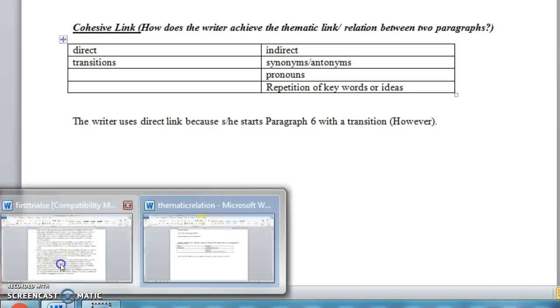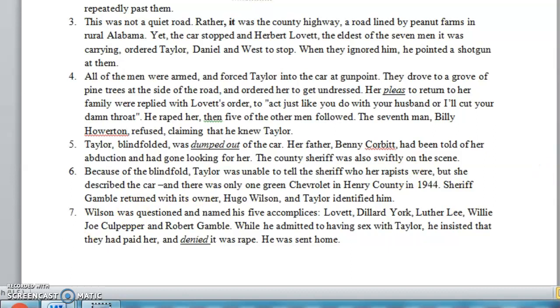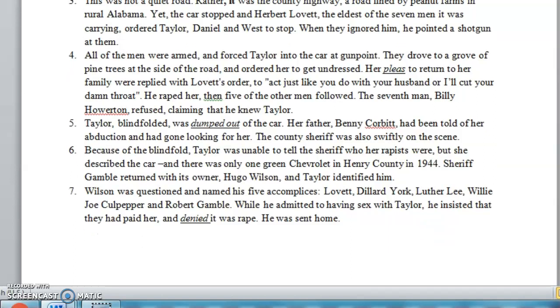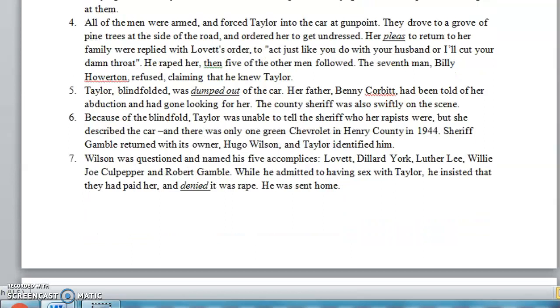Let's see an example. If we go here, we want to get the link between paragraphs, for example, 4 and 5. Okay? So let's see 4 and 5. The first thing we do, we look at paragraph 5, the first word of paragraph 5. The first word of paragraph 5 here is Taylor. It's not a transition.